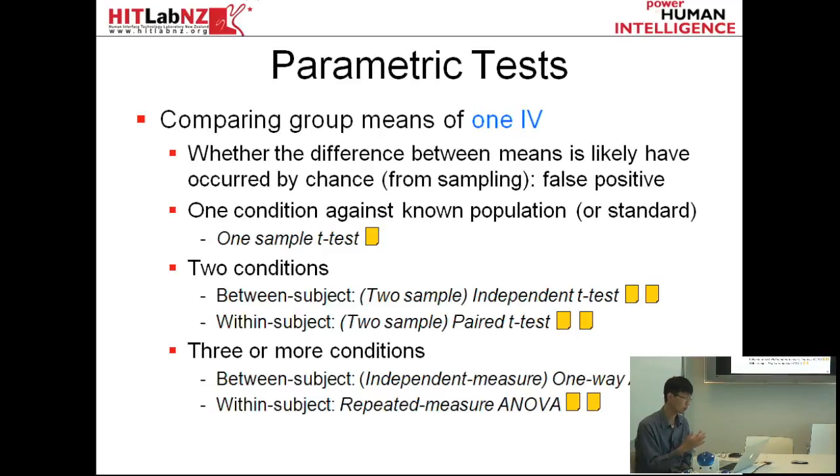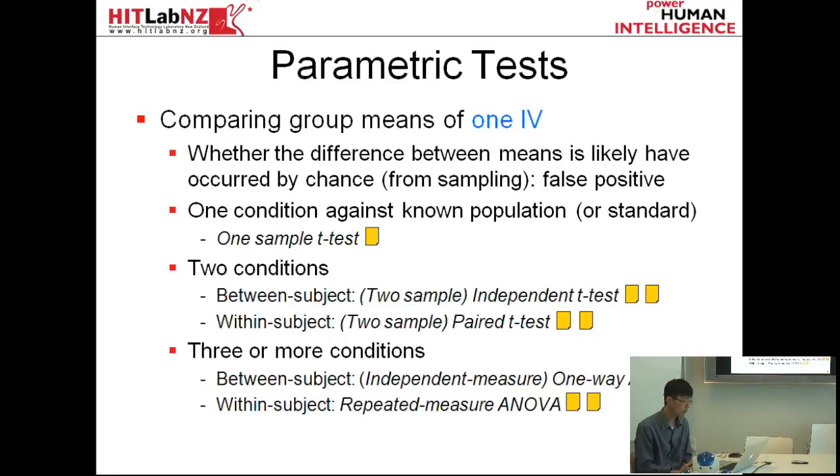And if you recall what we've talked about in the last lecture, we talked about this concept of independent variable and the levels in the independent variable. So independent variable could be something like a type of interface, and you can have three different types of interfaces, which becomes still one independent variable, but having three levels, right?